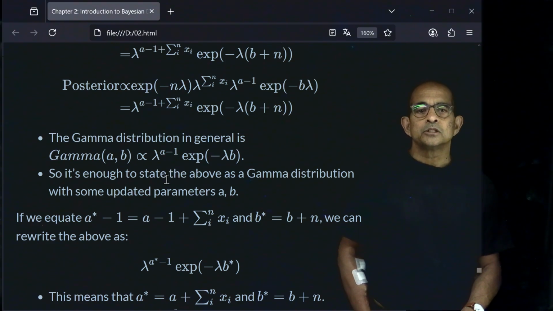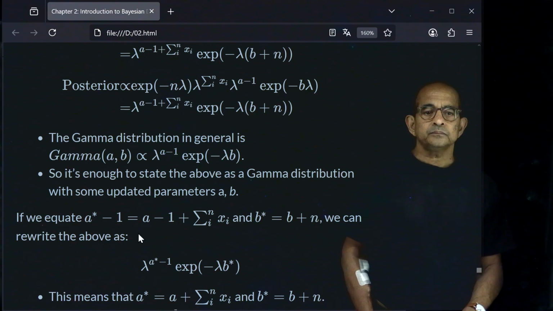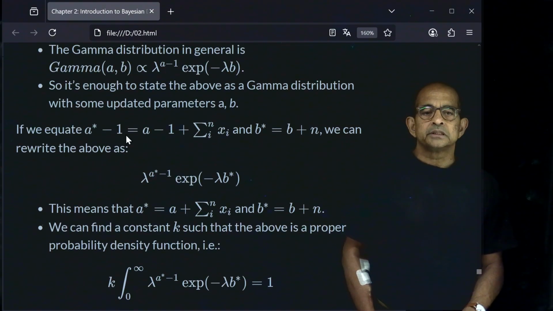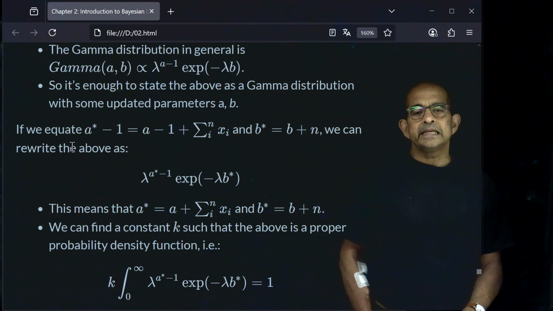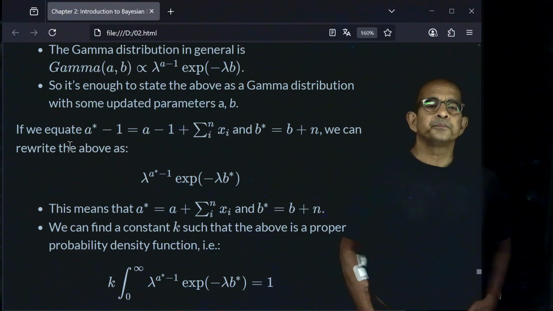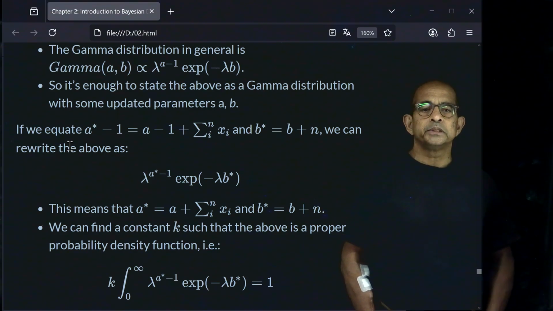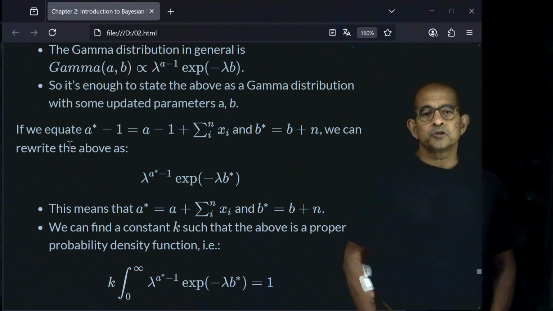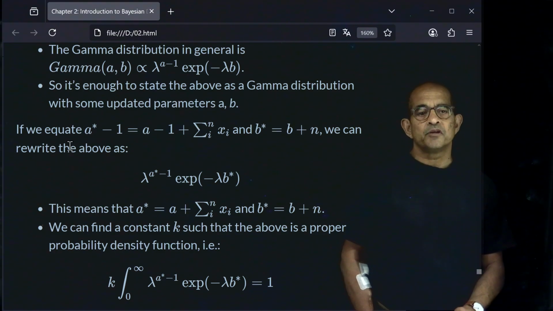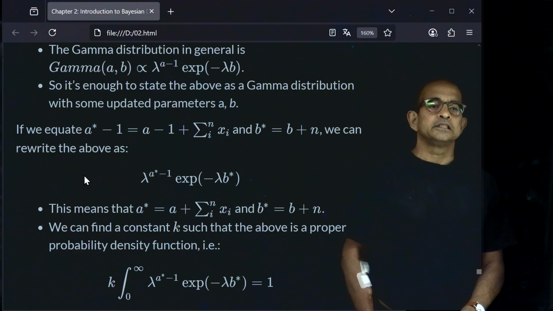Okay, so here's what I've written down here. In the posterior distribution, I again have a gamma distribution with a new parameter which I'm calling a star, equal to a plus sum of x, and a new parameter b star, which is b plus n.